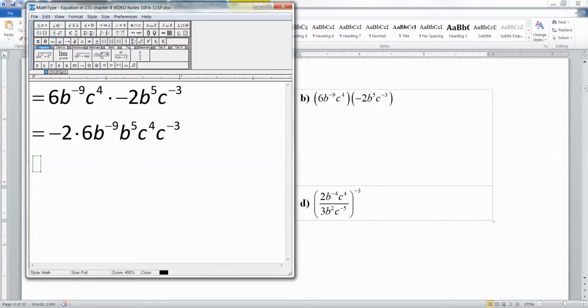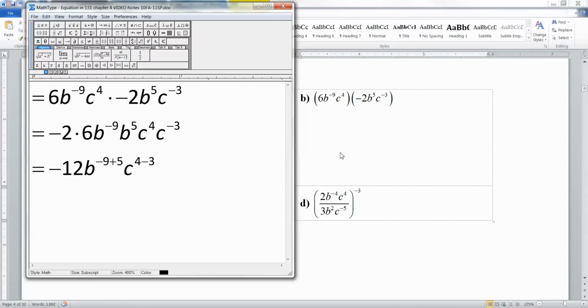Now the numbers are the easy part. 6 times negative 2 makes negative 12. No problem. Now the B's. When you have b to the negative 9 times b to the 5, that's b to the negative 9 plus 5. You add them. And c to the 4 plus negative 3, or if you like, 4 minus 3.